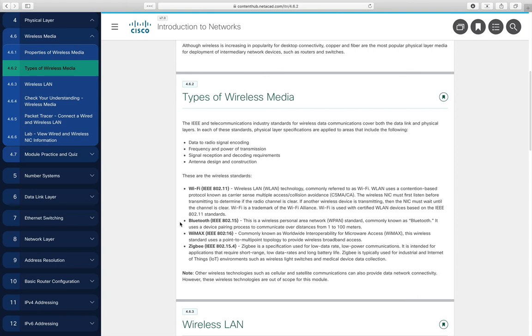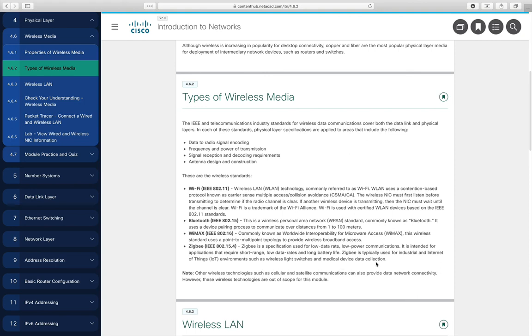Then we have WiMAX, which they say is a one-to-many broadband. So you might have a WiMAX ISP where they transmit a wireless signal over a wide area, part of a town, for example, and give Wi-Fi that way. And then there's something called Zigbee that is very low powered.